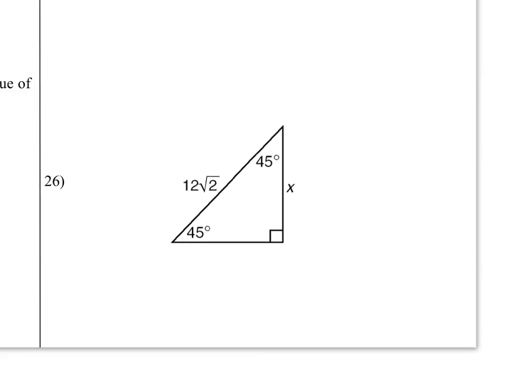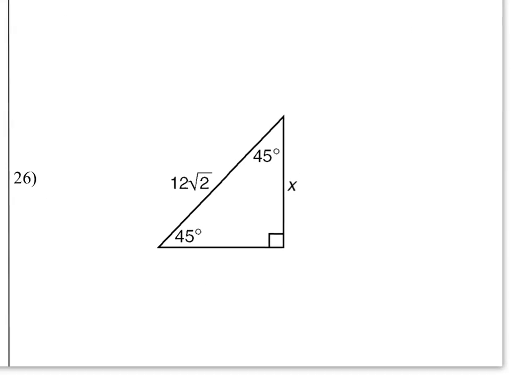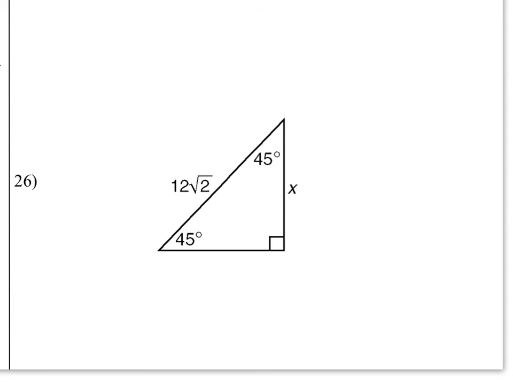Oh, all right, so we still have to do one with the 45, 45, 90 right triangle. Remember that ratio is 1a, 1a, radical 2a. Remember that a is not under the radical. It's just keeping it the same here. Okay, so across from the right angle here, we get 12 radical 2.